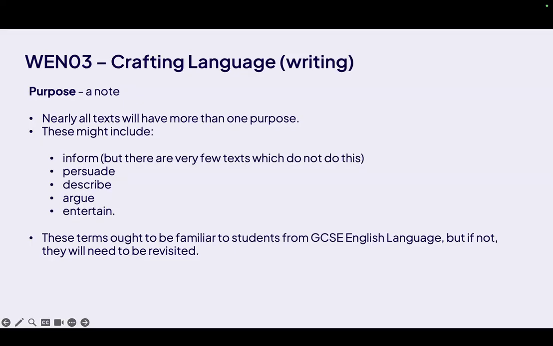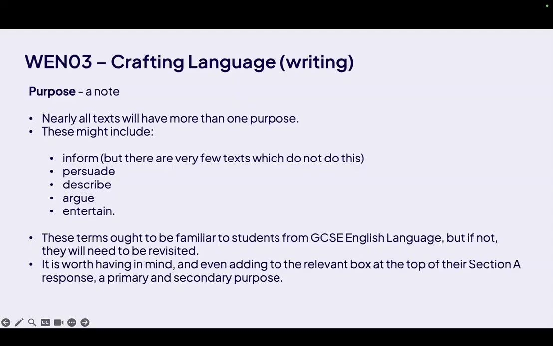They don't just write one. If they think it is to inform and persuade, then they write both. They can write as many purposes as they think is relevant. But if they do write those, they do have to mention them when they actually write their text. These are all familiar again to the GCSE students, and if not, then they will need to be revisited. I should think they need to be revisited anyway.